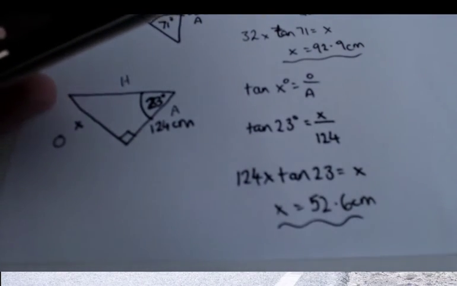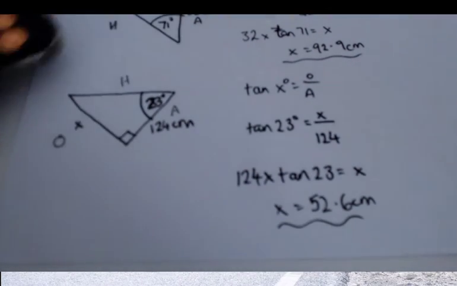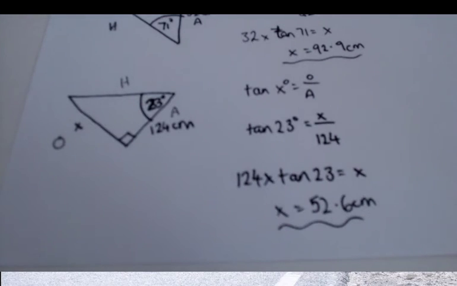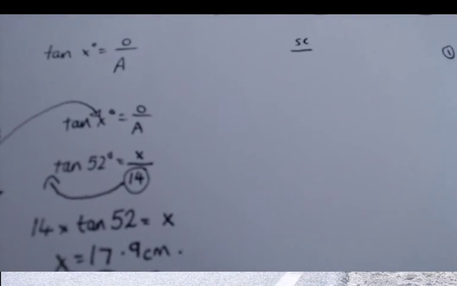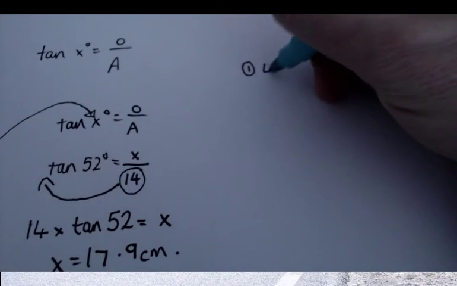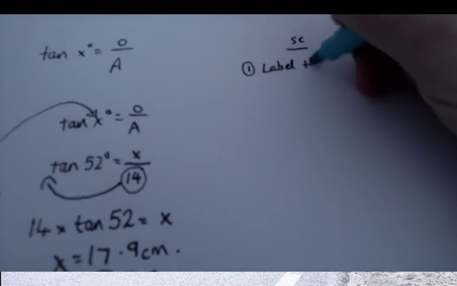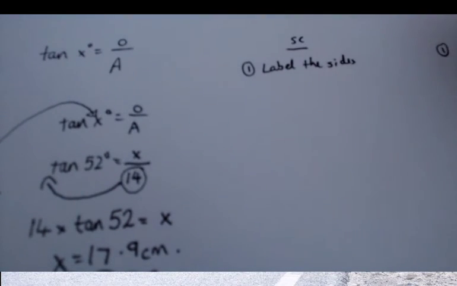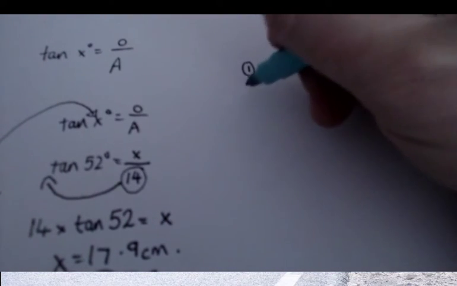Okay, so remember, you can rewind this video, you can go back and have a look at those 3 examples again if you need to, but it's time now for you to try your own. Now, in terms of the success criteria, the things which you must be able to do for these questions: you must be able to label the sides, opposite, adjacent, hypotenuse.